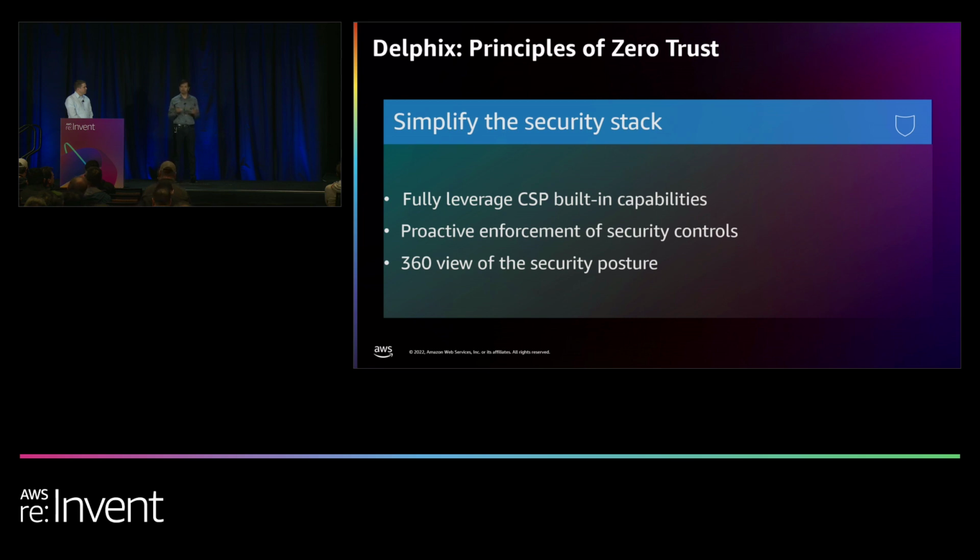And for proactive enforcement of security controls, we leverage conformance pack, Config, and Lambda. We enforce the security standards that we established during the process. And then leveraging the native services ecosystem and data source integration among services helped us get the holistic 360 view of our security posture.